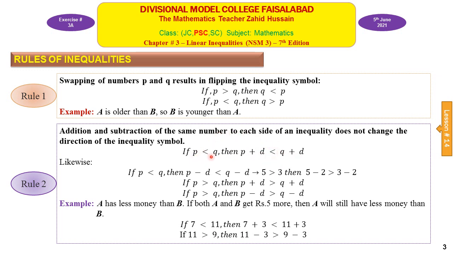If P is less than Q, then P plus D is less than Q plus D. Similarly, if you subtract the same number from both sides, the inequality sign will remain the same. So adding and subtracting the same numbers from both sides of the inequality does not change the sign of inequality. These are the examples you can see.